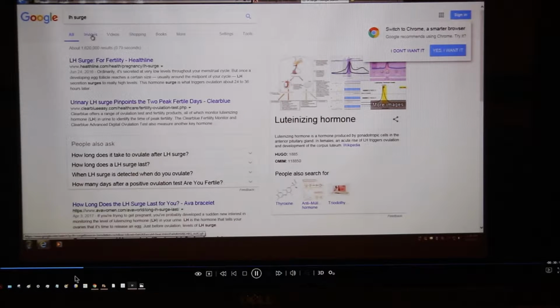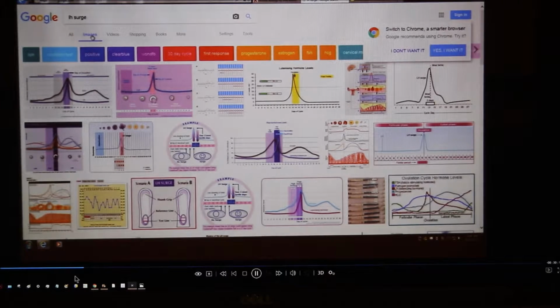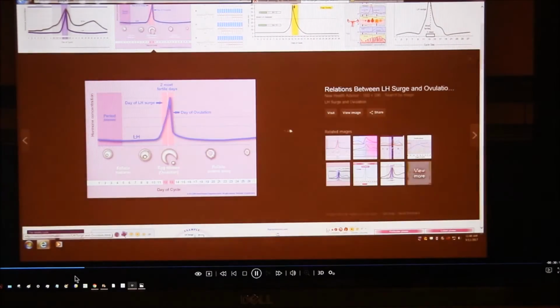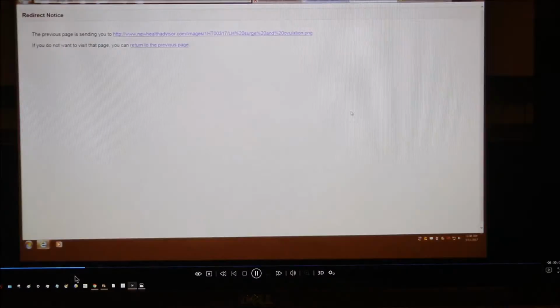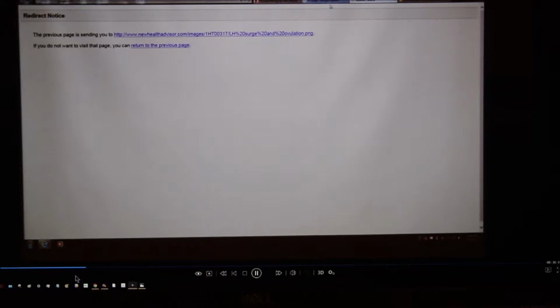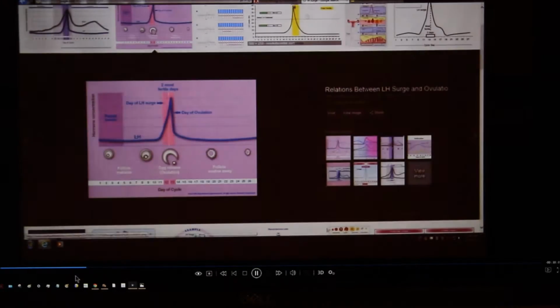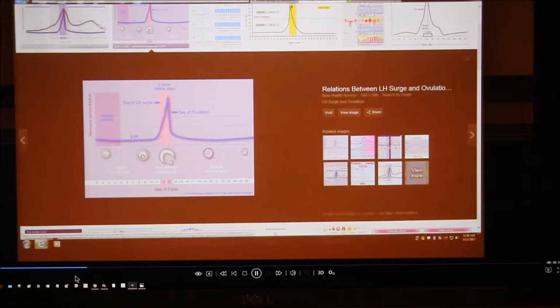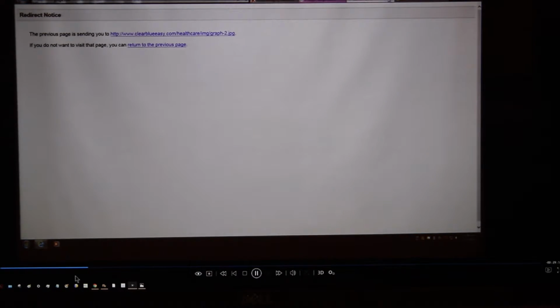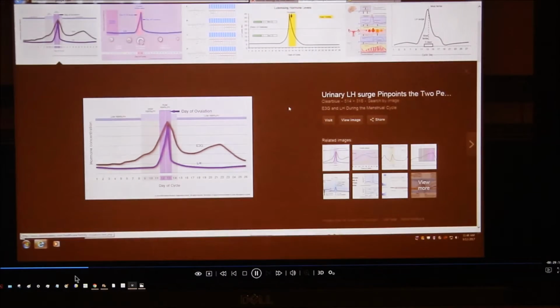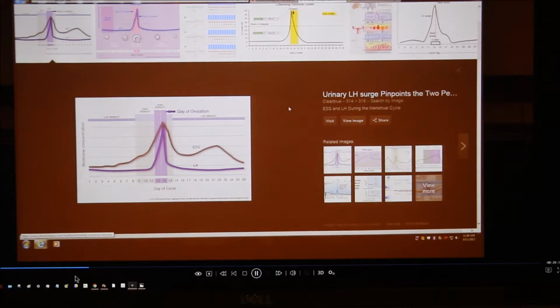So I'm typing in here LH surge because I always say the Google image search is my textbook. And then I had trouble enlarging this in Internet Explorer, so I'm flubbing around here because my computer's not quite working right.